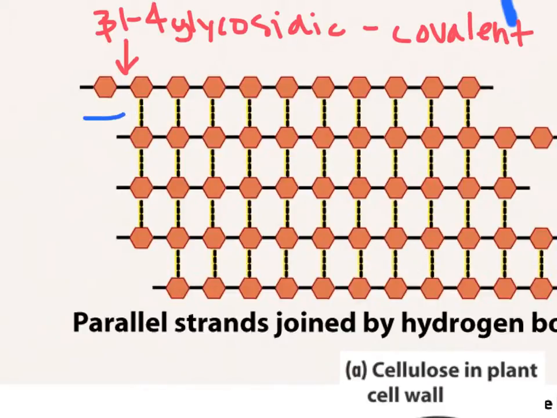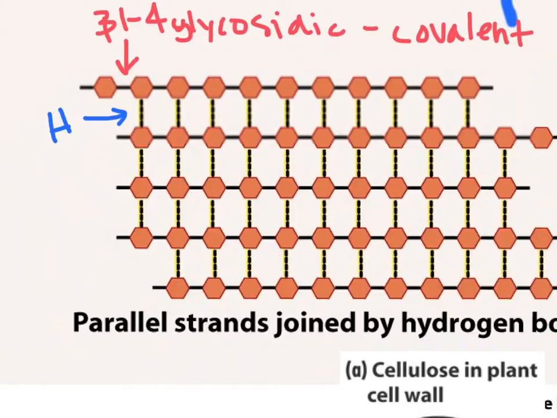What about these? Hydrogen bonds. The individual covalently linked polymers are hydrogen bonded to another beta 1,4 glycosidic linked polymer, hydrogen bonded to another, and another.